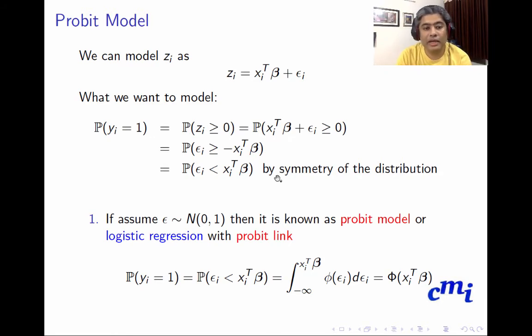I am assuming that epsilon i is a symmetric bell-shaped distribution with a mean at 0. So basically probability yi equal to 1 is the same as probability epsilon i is less than xi transpose beta. This is the same thing we are modeling.